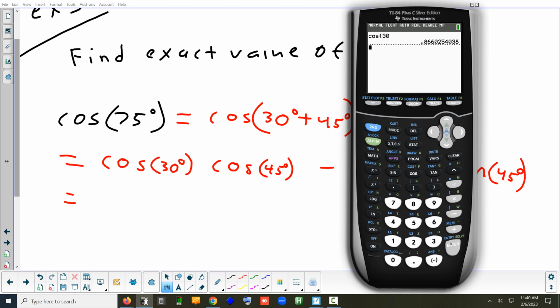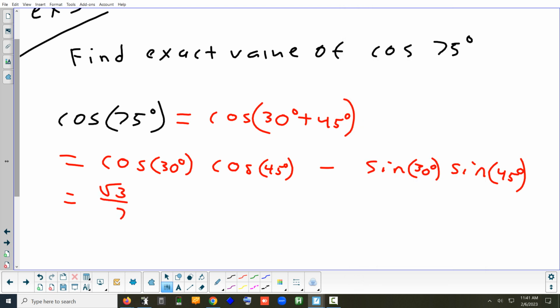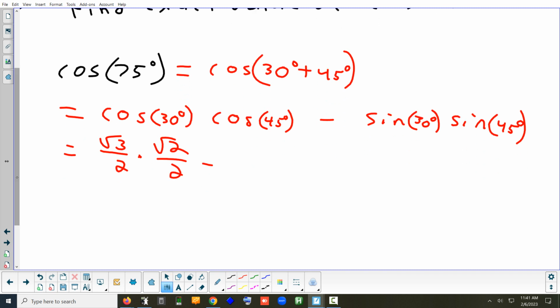That is important. So the cosine of 30 is how much? Square root 3 over 2. How about cosine 45? Square root 2 over 2. The sine of 30? 1 over 2. And the sine of 45?